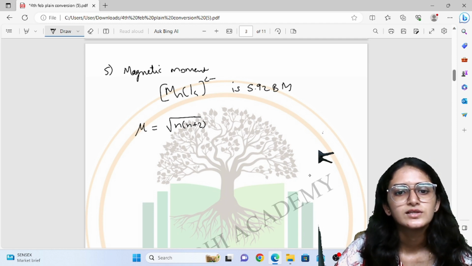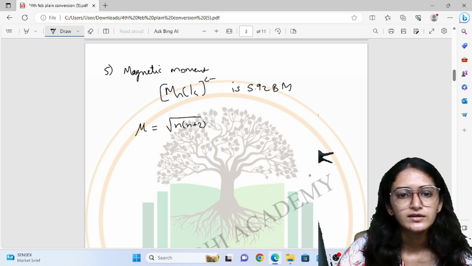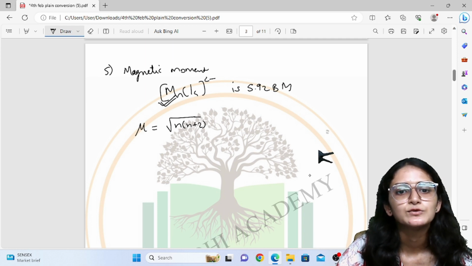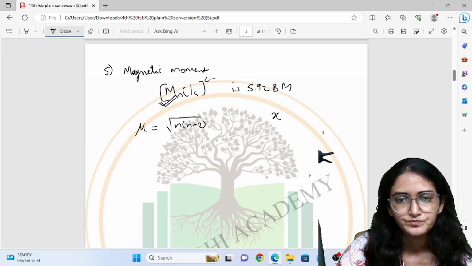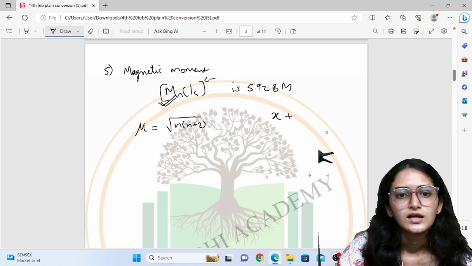Okay. Now for this formula we require the number of unpaired electrons. So let us see here the magnetic moment of MnCl4 2 minus. Our transition element is manganese. So we have to see how many unpaired electrons we have in the manganese. For that, first we have to see the charge on manganese. So manganese we will consider as X, plus chlorine.